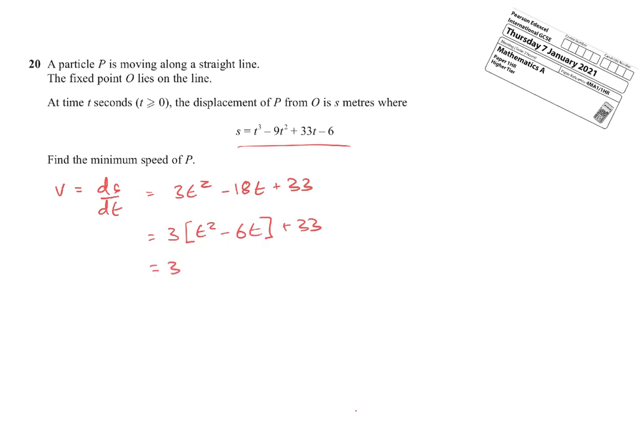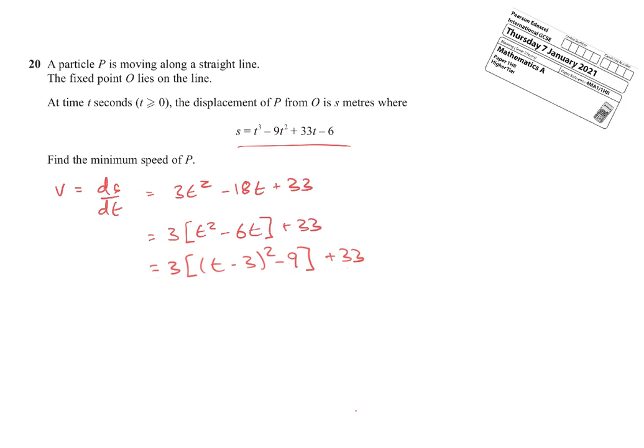So I'm going to go 3 square bracket, that's going to be t minus 3, so it's half of the 6, squared, and minus 3 squared is 9, so I'm going to have 9 more than I need, so then I subtract my 9, close the bracket, and then my plus 33 is outside of all of this. So all I did here was I just completed the square with this, which is equal to this.